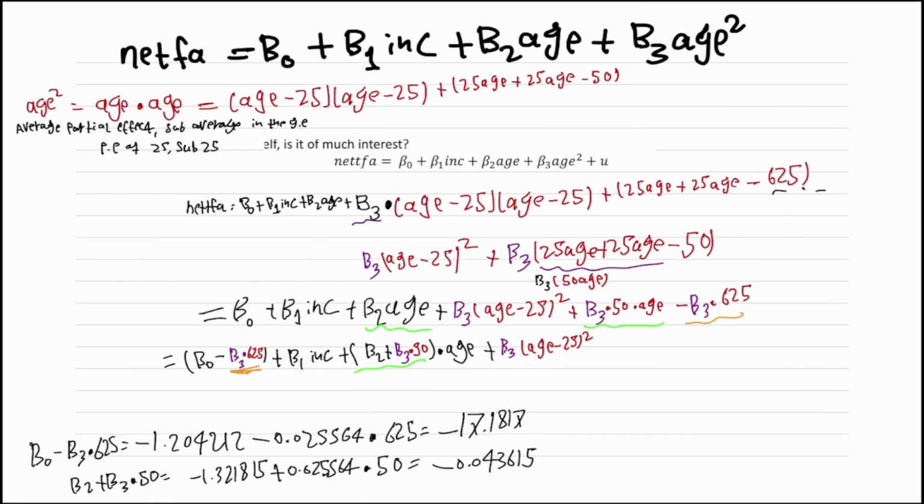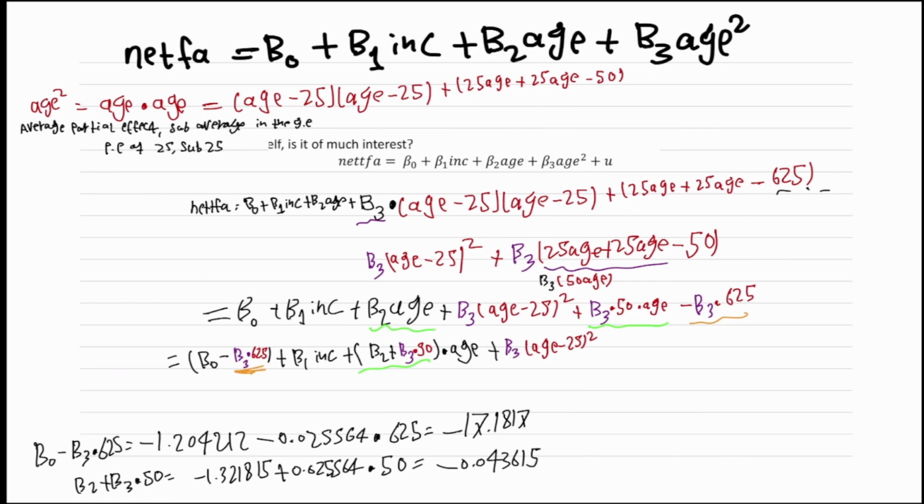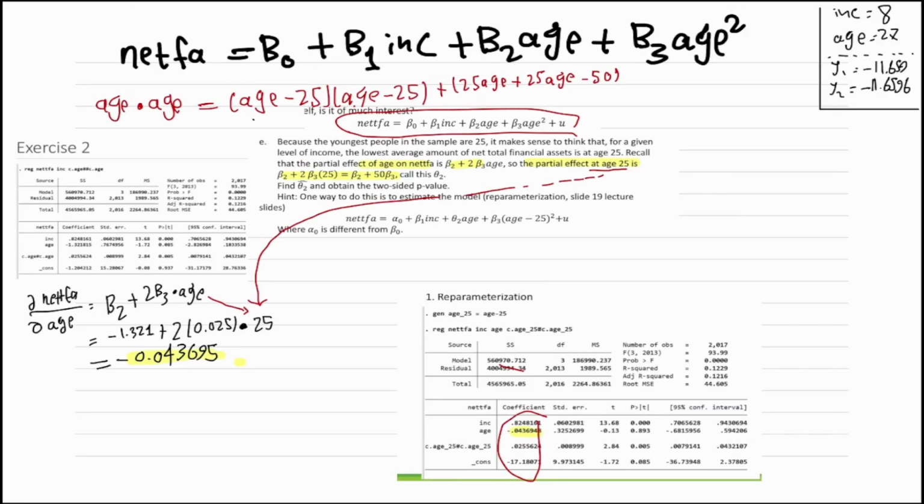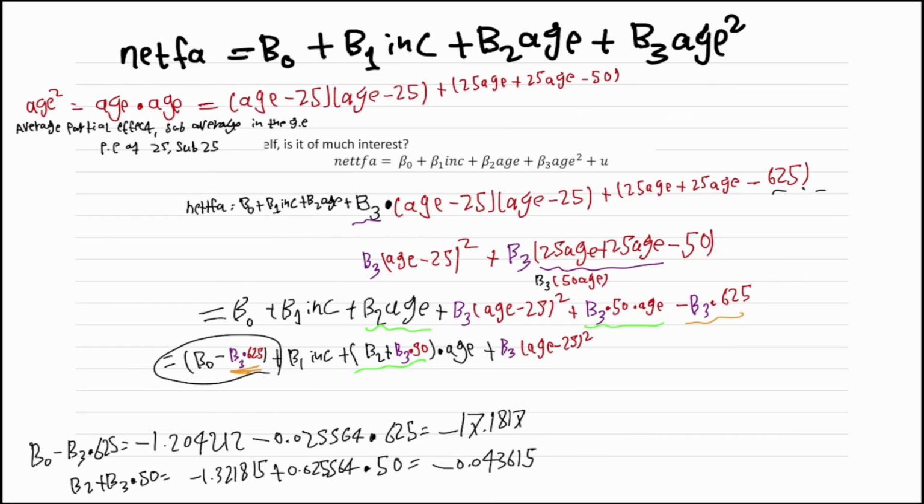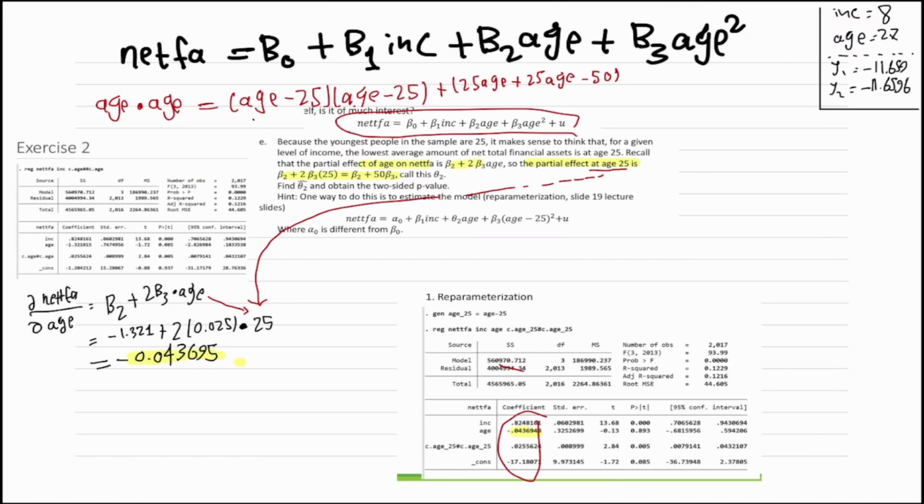Then I reached this one. Then I substituted beta naught, beta 3, beta 2, beta 3, and I got my new coefficients. This is my intercept, and I substitute. I get minus 17, and this is the same here. This is my new constant.